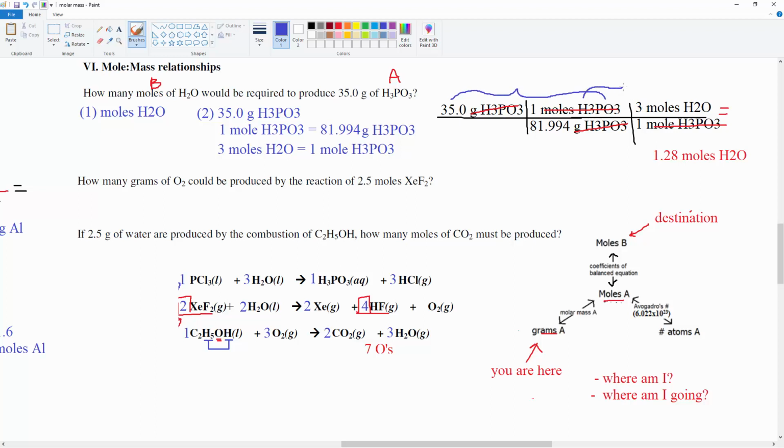The second part was a mole-to-mole conversion that we did this morning. So I'm just putting it together. There's not really anything new here. Because there are so many things you can do with moles, you're going to use that roadmap to help guide you so you get where you need to go.